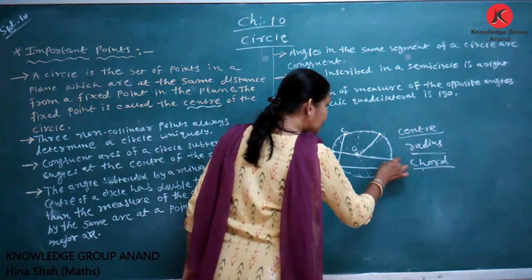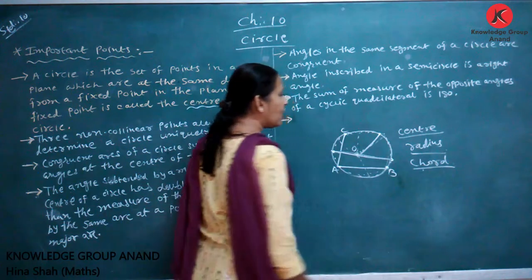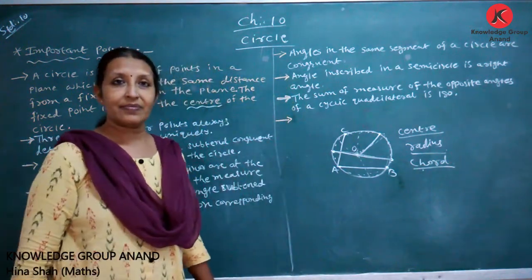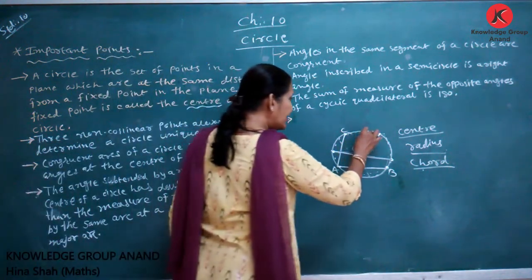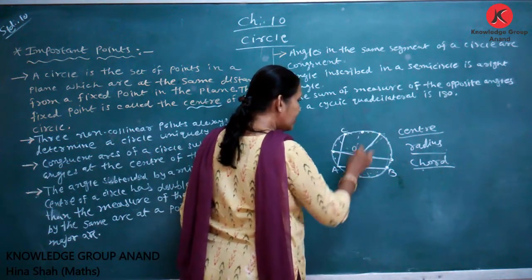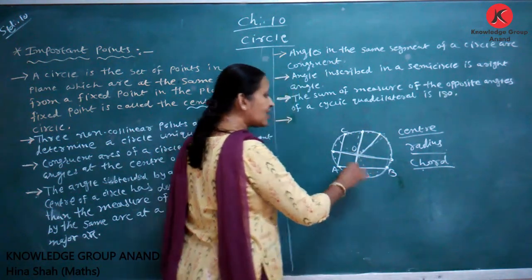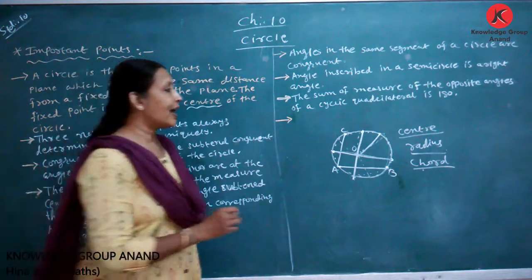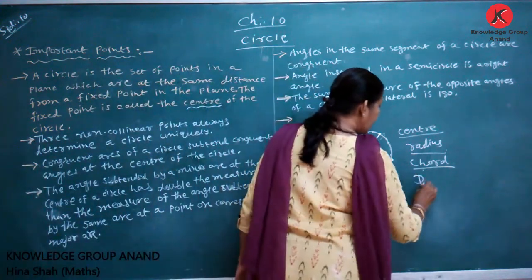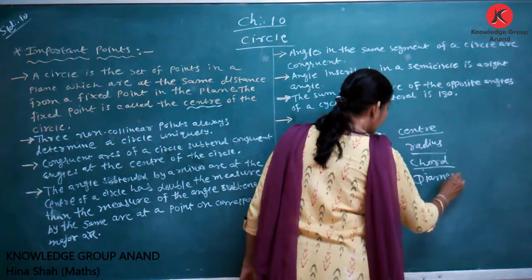A chord passing through the center of the circle is called diameter. You know all these terms.